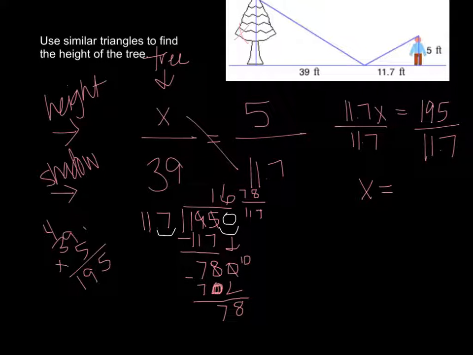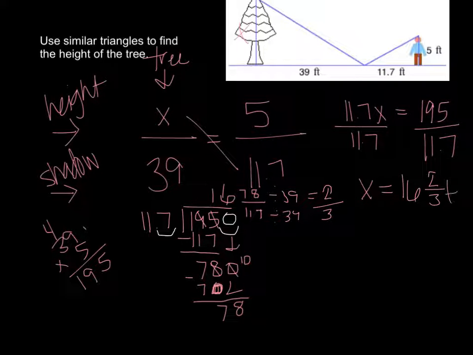If I divided both of these by 39, I know, what a weird number, I would get 2/3. So x is 16 2/3 feet.